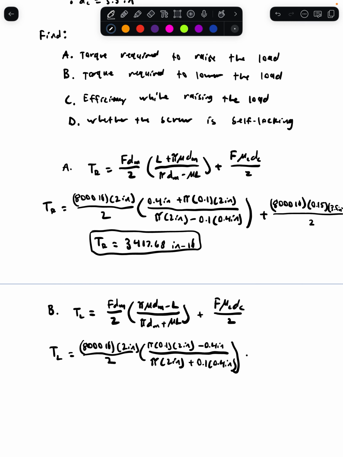And then we're going to have the exact same collar friction portion as above. So this is just going to be 8,000 pounds times 0.15 times 3.5 inches divided by 2.